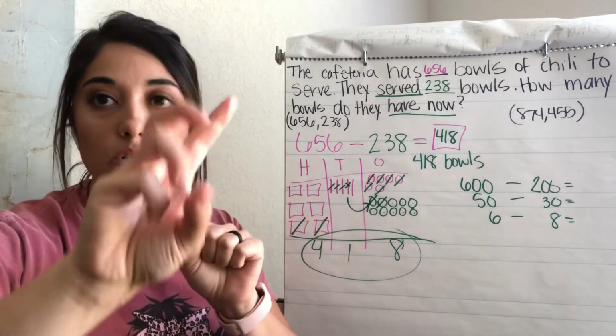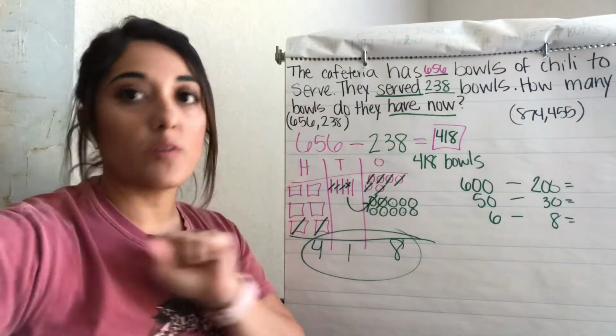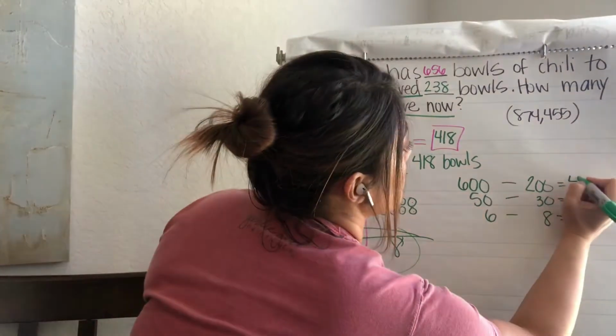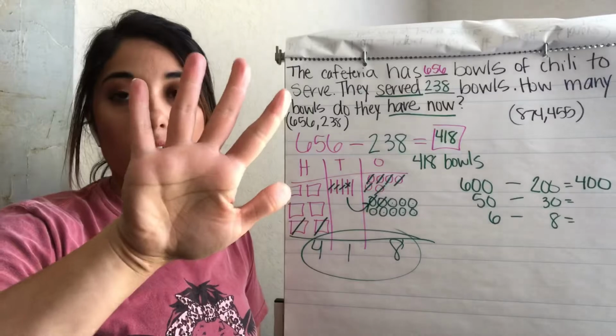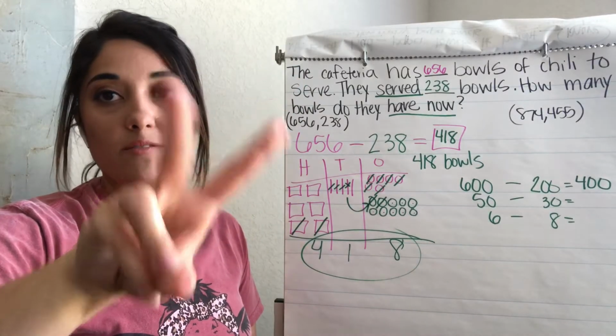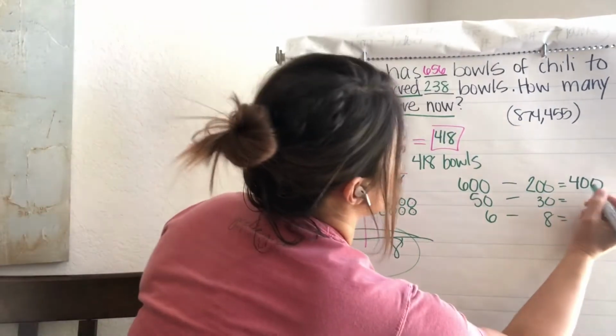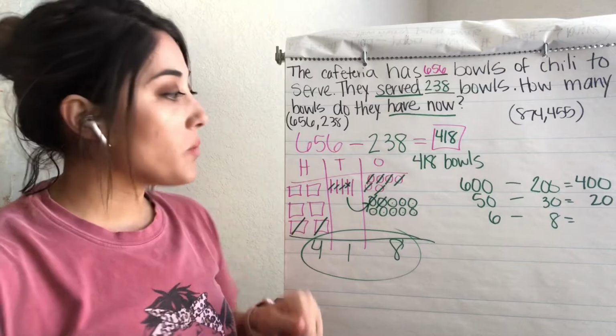So 100, 200, 300, 400, 500, 600. Take away 200, gives me 400. 50 minus 30, same thing, it can stand for tens. So 50 minus 30, 10, 20, 30, leaves me with 20. Or you could say, I know 5 minus 3 is 2, so 50 minus 30 is 20.